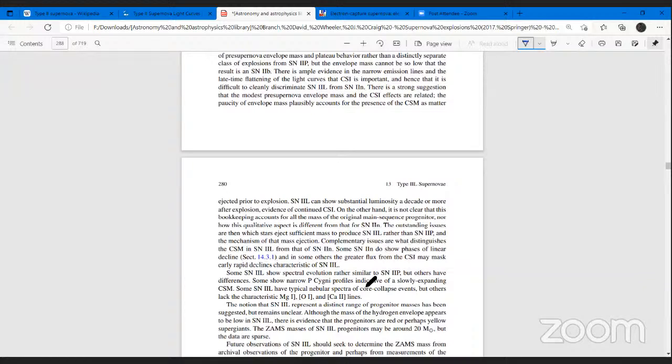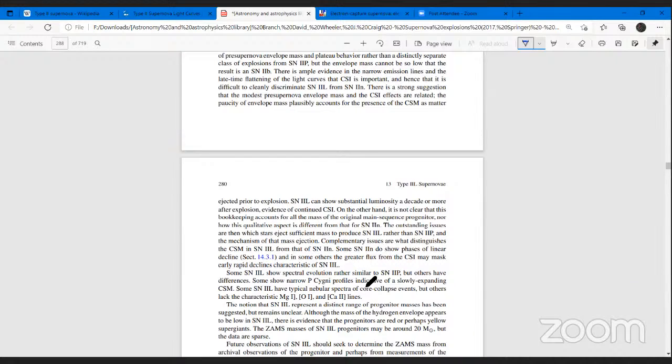So from this, they are telling us that based on the mass of the main sequence progenitor, and qualitatively also, we could not differentiate type 2N from type 2L. So the outstanding issues are which stars eject sufficient mass to produce type 2L rather than type 2P, and the mechanism of that mass ejection. Some of the issues they are mentioning.